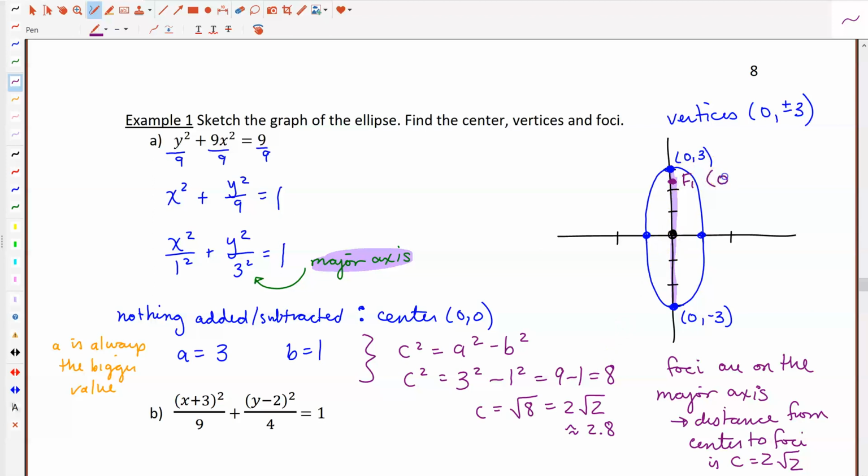As an ordered pair, that's 0, 2 root 2, and then we're going to go down to get the other foci, so that's going to be 0, negative 2 root 2. So if I wanted to write them a little bit cleaner, my foci are going to be at 0, and then plus or minus 2 root 2.